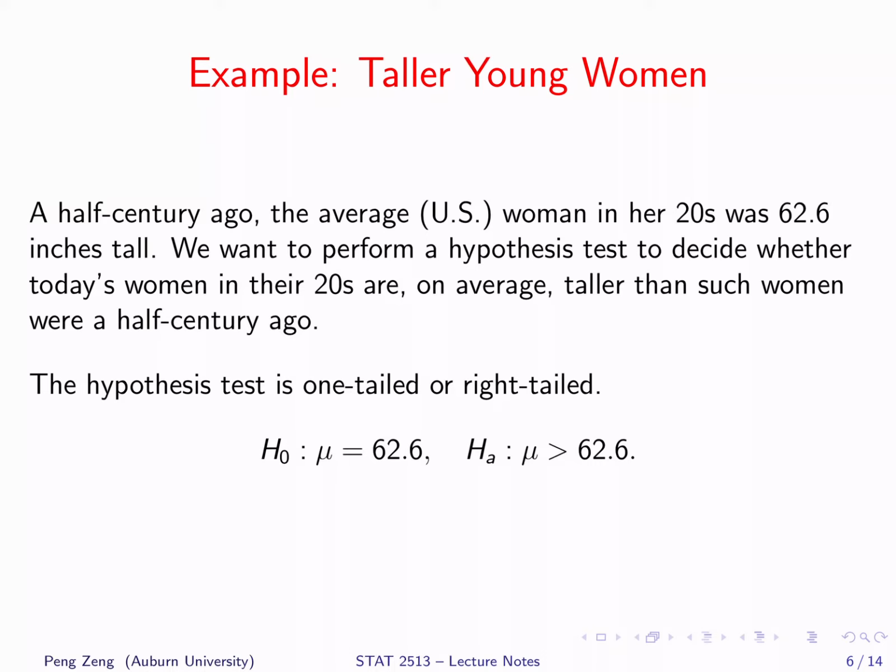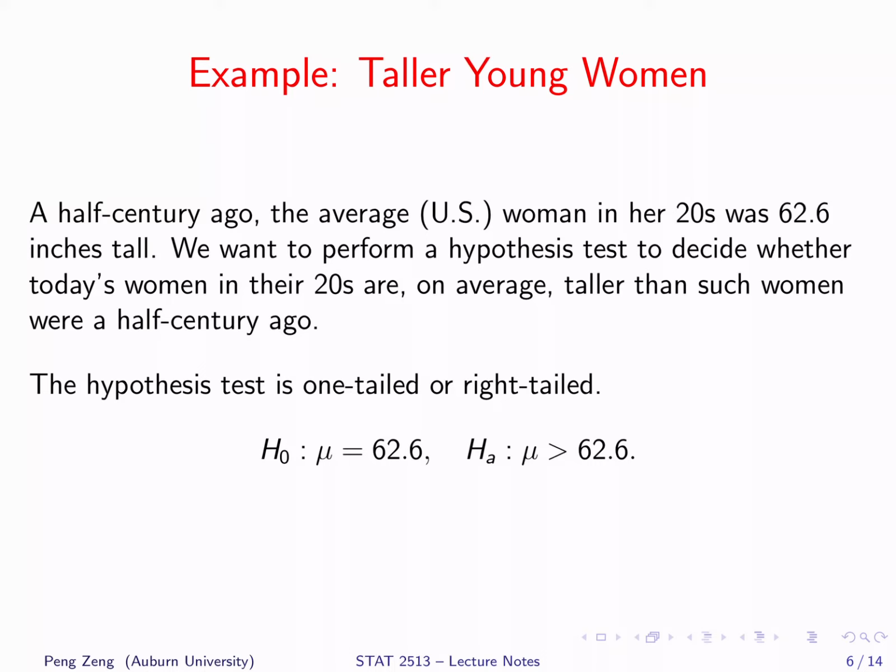A half century ago, the average US woman in her 20s was 62.6 inches tall. We want to perform a hypothesis test to decide whether today's women in their 20s are on average taller than such women were a half century ago. First, the null hypothesis always uses the equality sign. So H0 is mu equals 62.6.